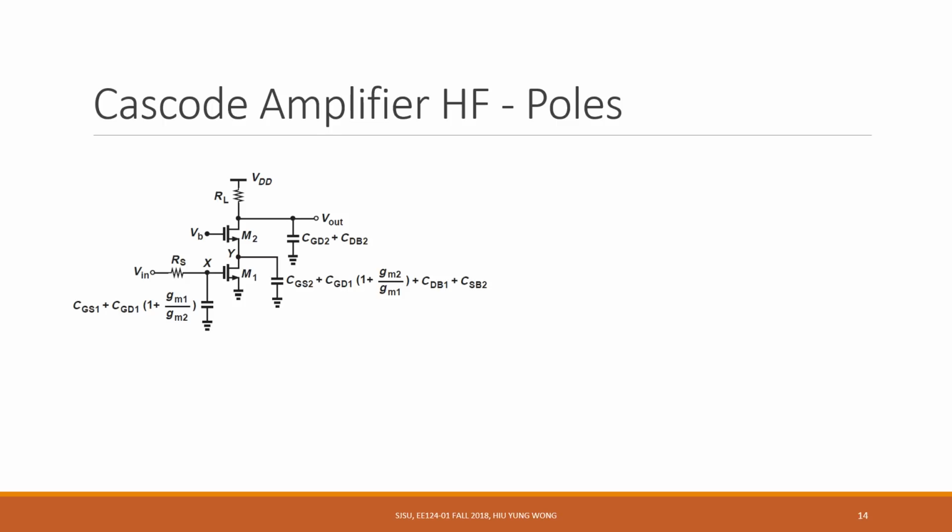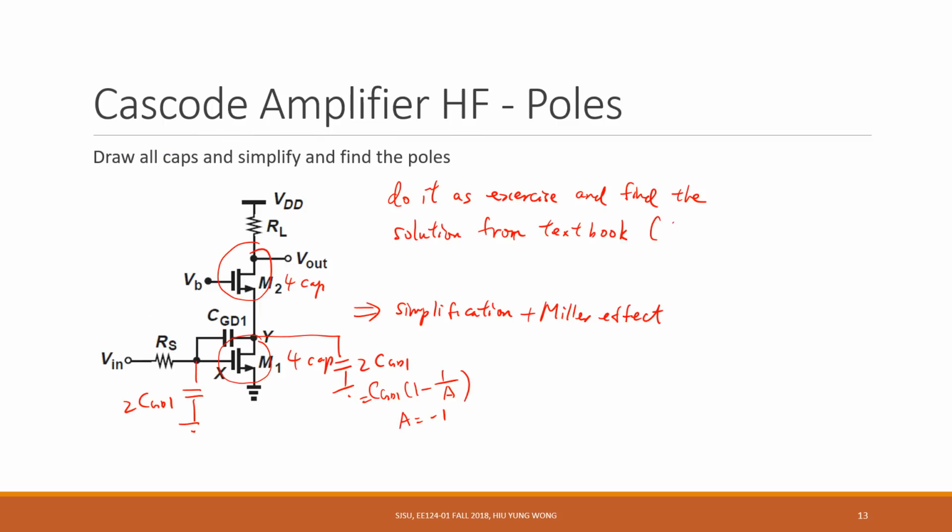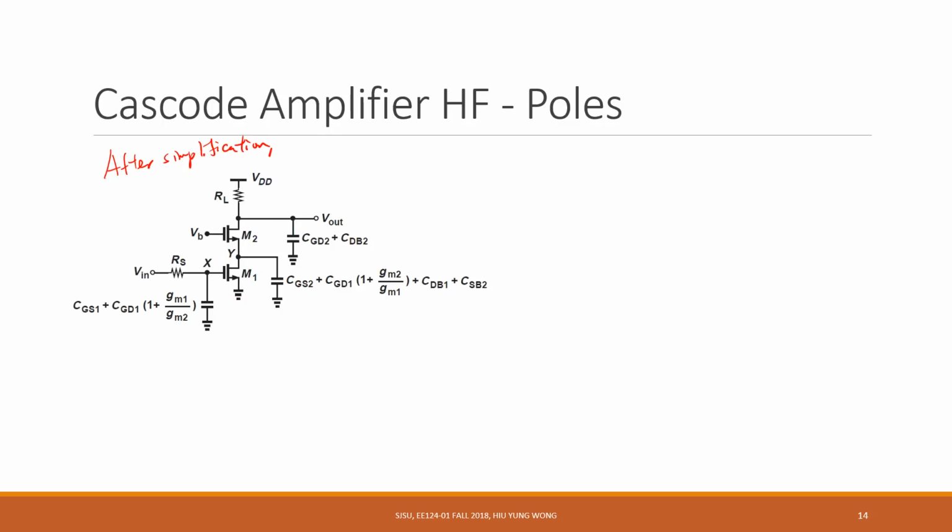So here I show you the results after simplification, right? On the next page you can see the results. And I do show you this is not exactly 2 CGD1 because we don't assume GM1 equal GM2, right? But usually you can say they are similar, or here you keep it.